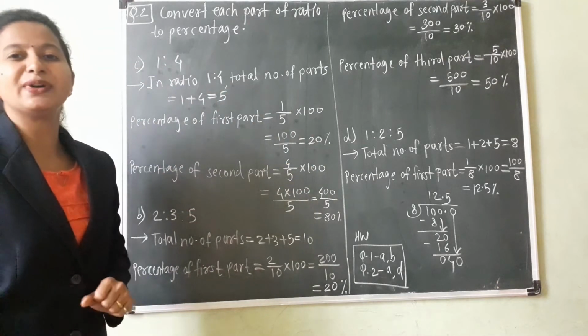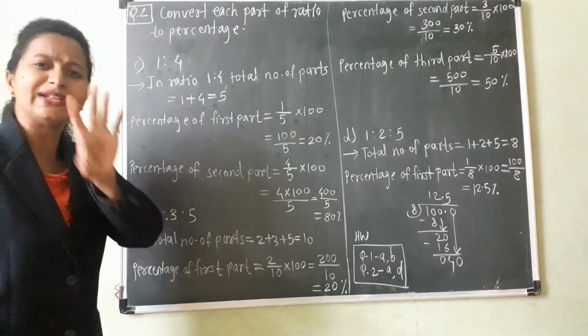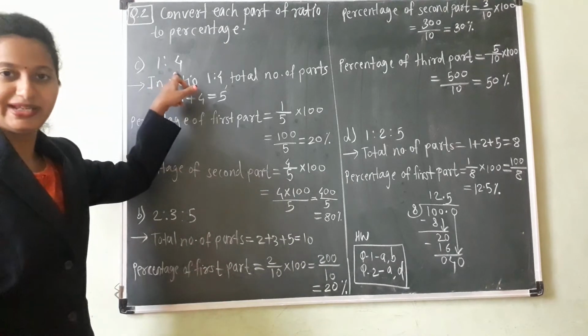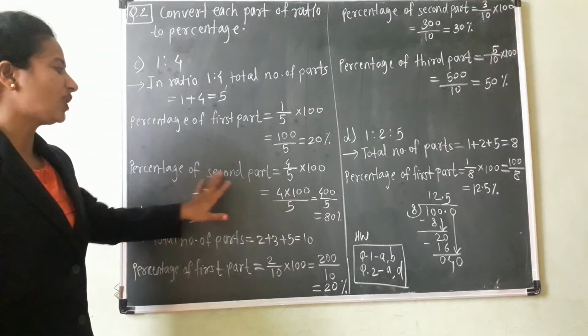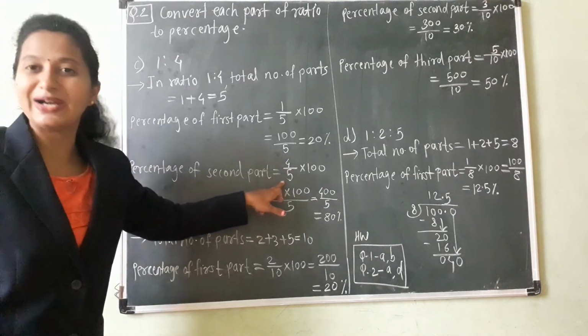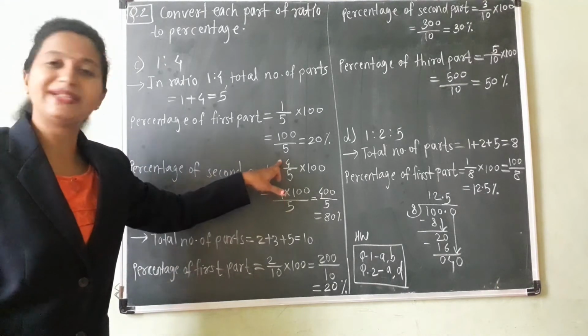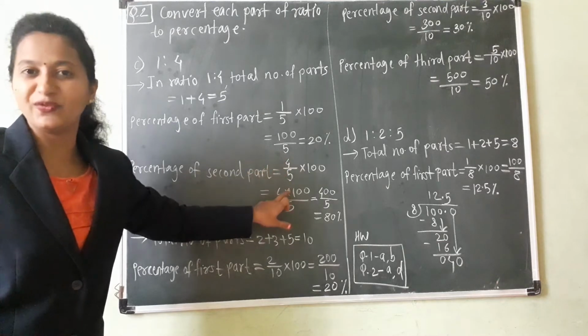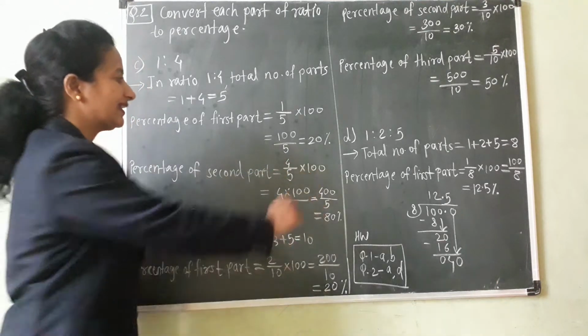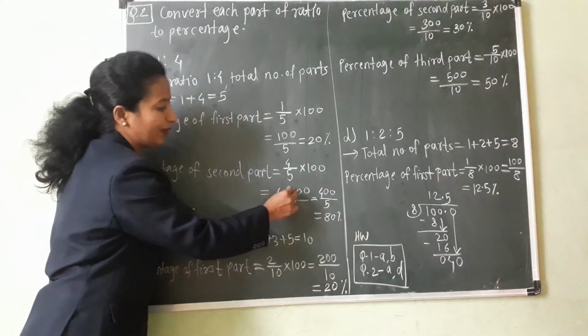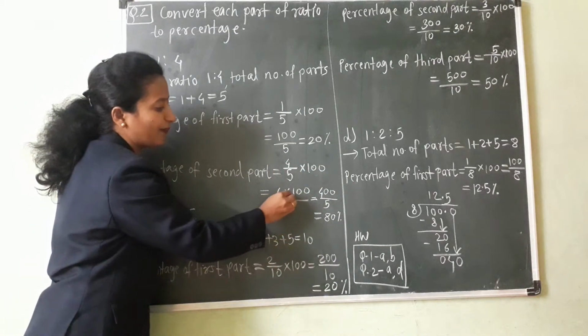Now we will find the percentage for the second part. What is the second part here? 4. That means the percentage of the second part is 4 upon 5, since total parts are 5 and the second part is 4. Multiply by 100. So 100 multiplied by 4 is 400 upon 5.